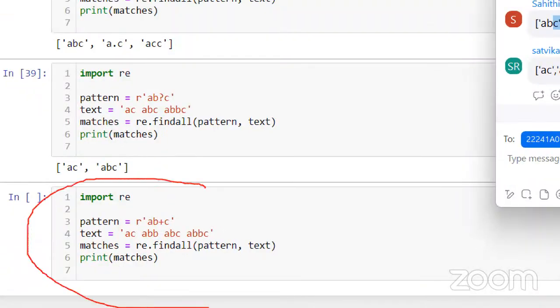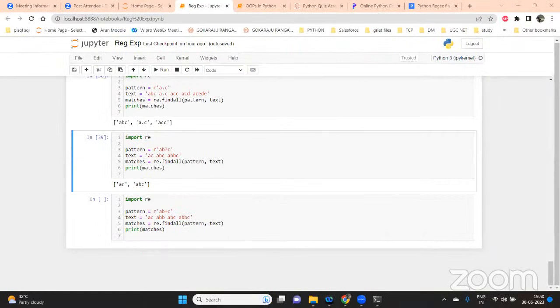Last one. Okay. Let me check. Satvik, only Satvik gave.